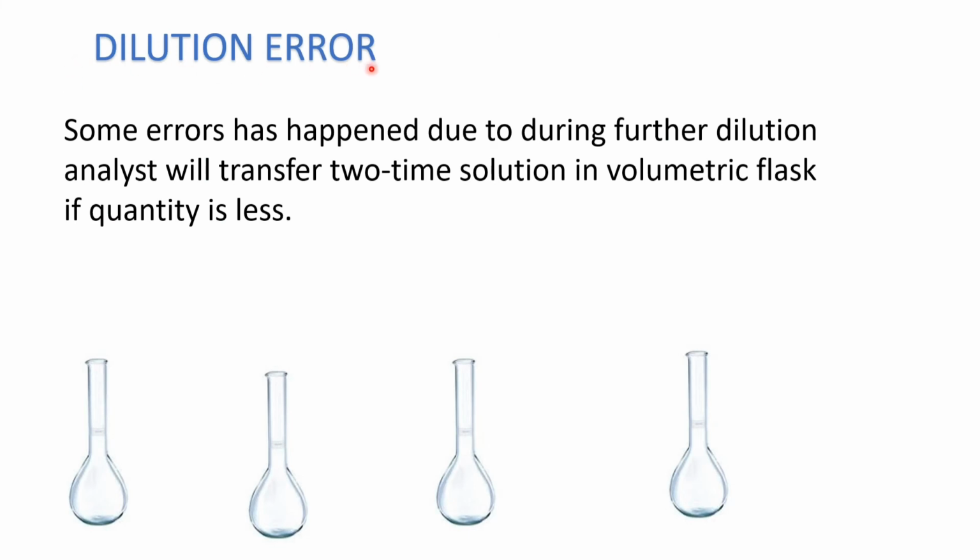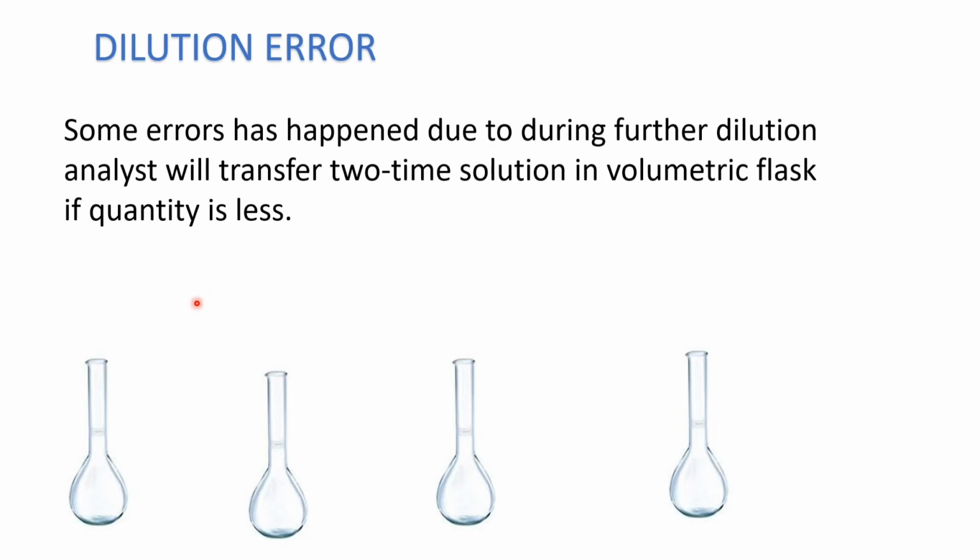So let's discuss the dilution error. Some errors happen during further dilution, when the analyst transfers solution twice into the volumetric flask if the quantity is small. I will give one example. I have one stock solution. From this stock solution, I have to transfer 1 ml into another volumetric flask for further dilution.